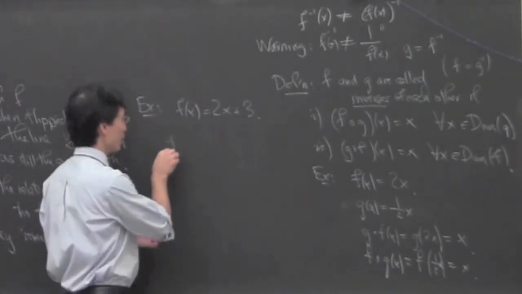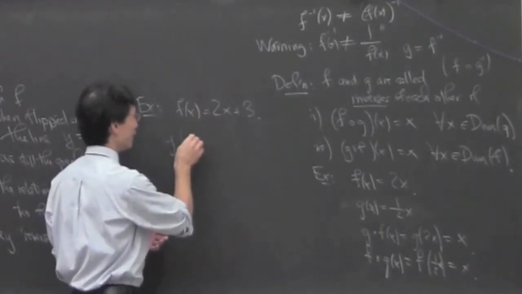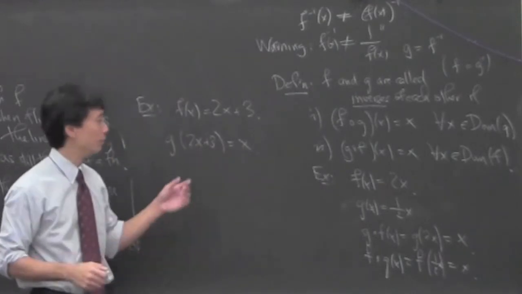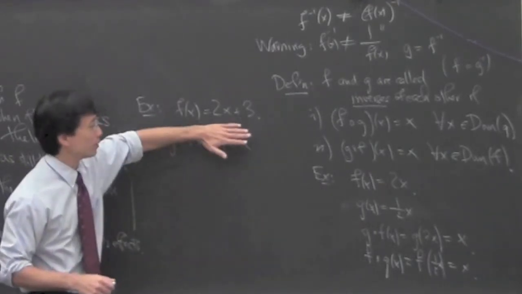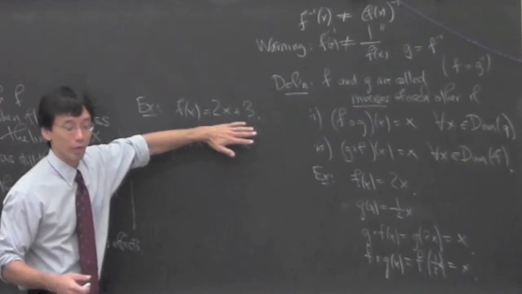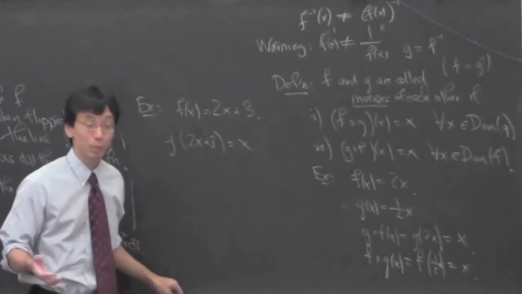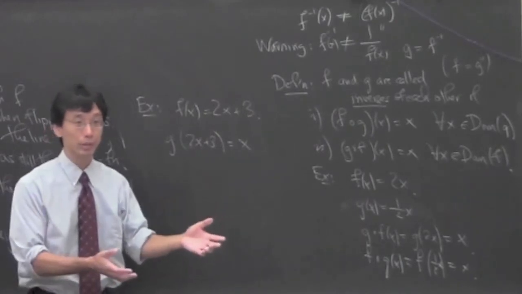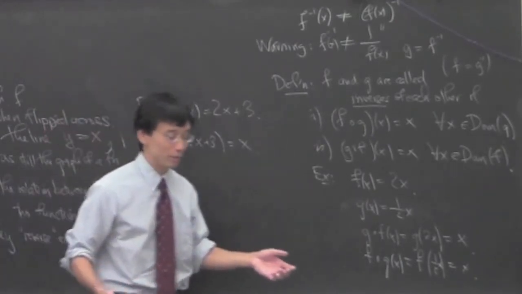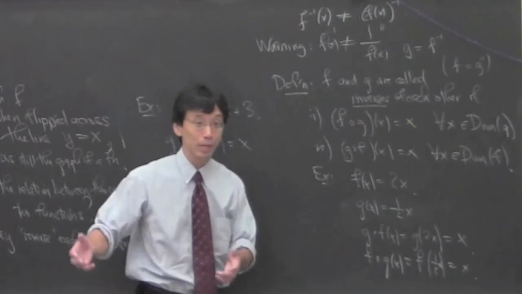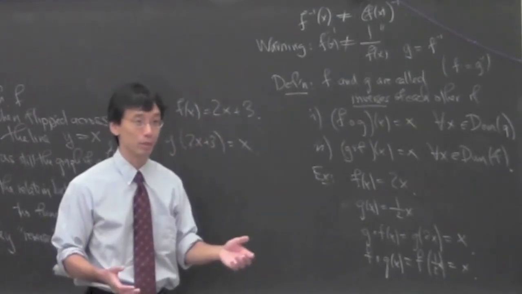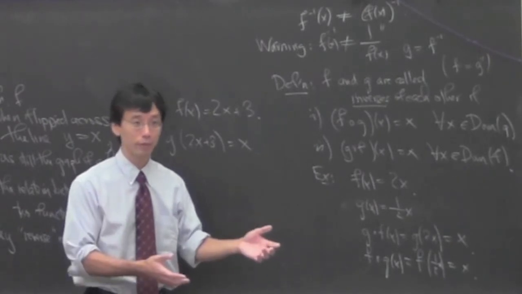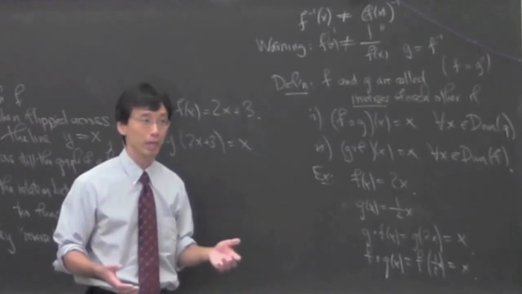It should take in the output and give you back x. But just think about it as a procedure. f is this person, and whatever you give him, he doubles it and then adds 3 to it. Now there's another person who's going to reverse that. So what should that person do? Take 3 off and then halve it.